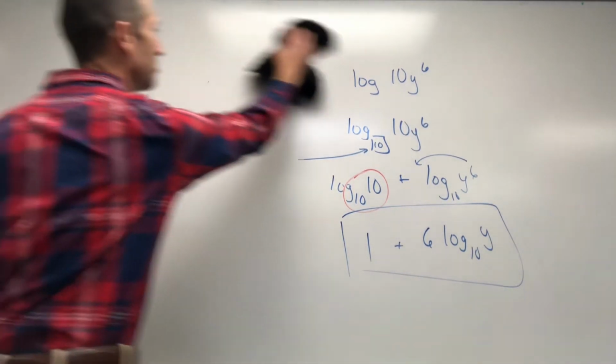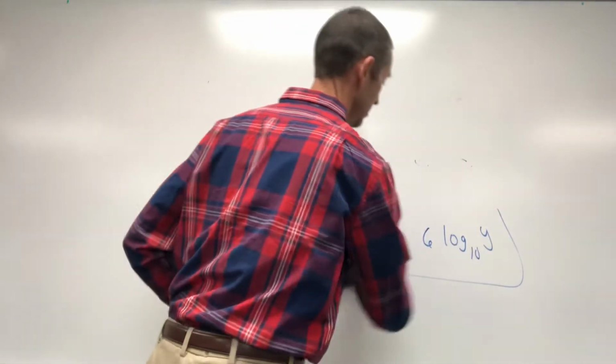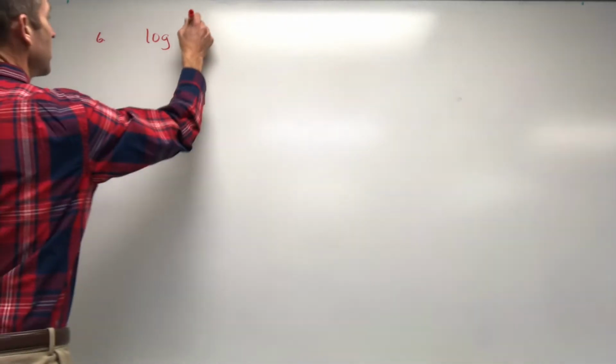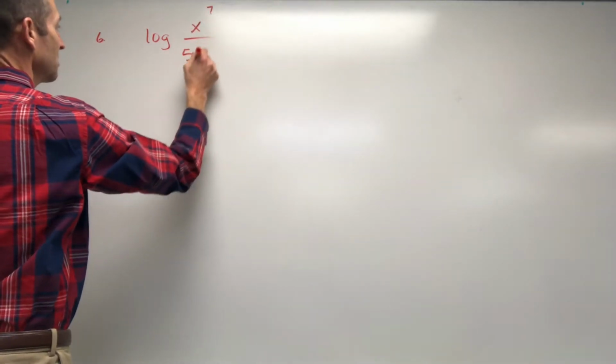Let's get all this out of the way. All right, let's do a division one. Say we have log of x to the 7th over 5y squared.